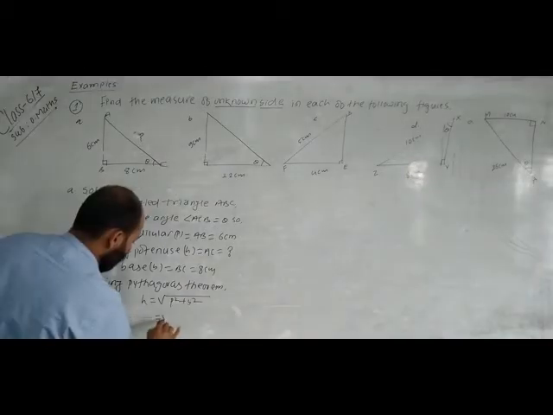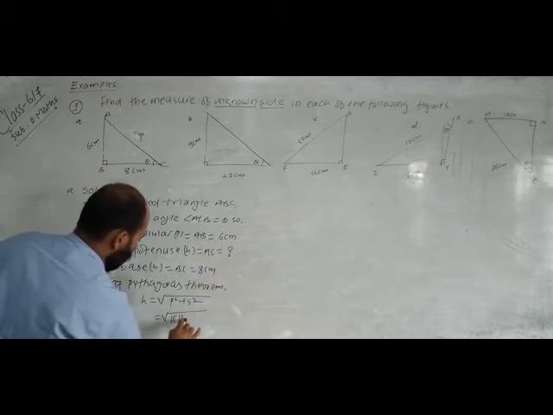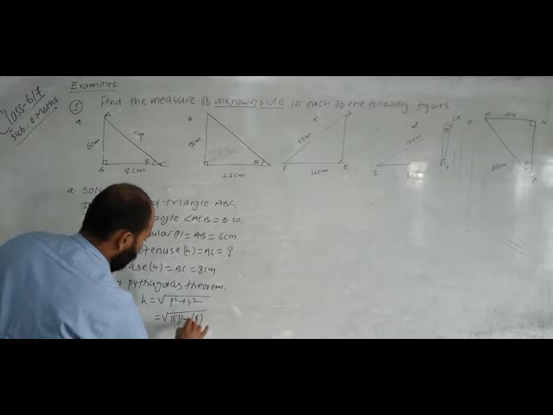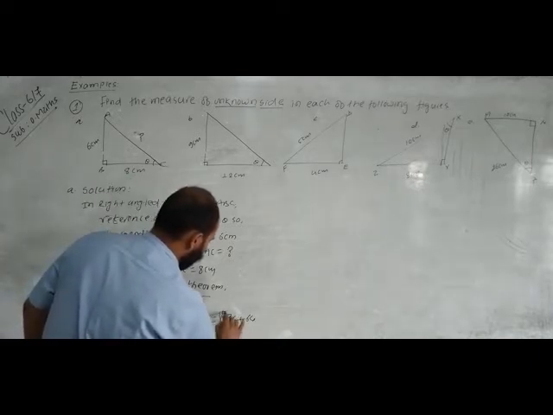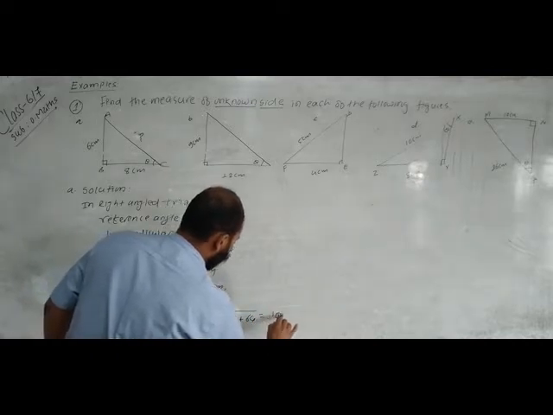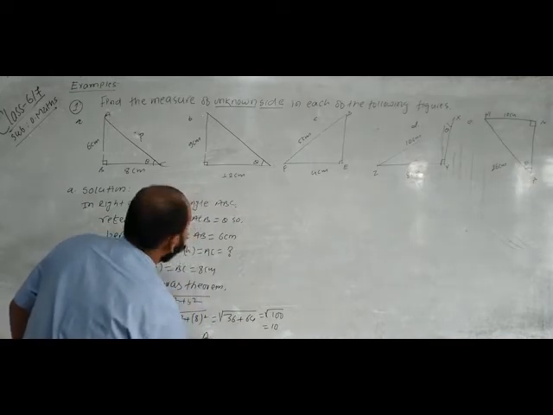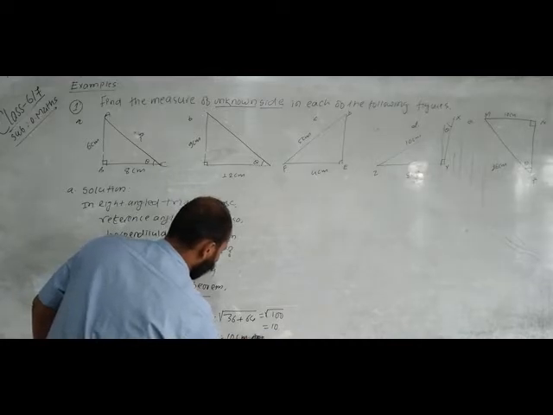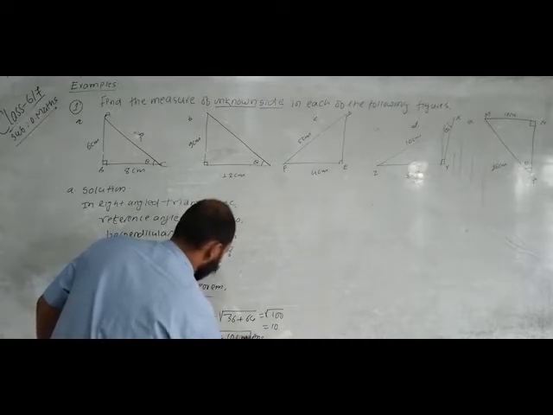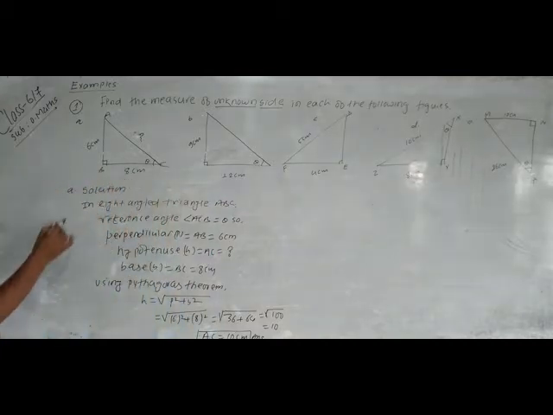Here P represents 6, so 6 square plus 8 square is equal to 36 plus 64. When we find the sum, we have 100, whose square root is 10. Therefore, AC is equal to 10 cm. In this way you find the unknown sides. This is the complete solution of A number.